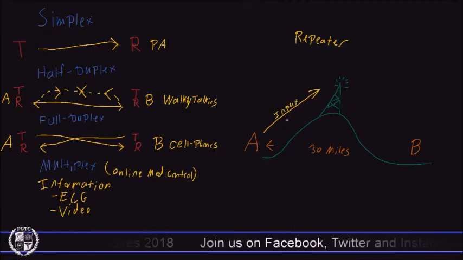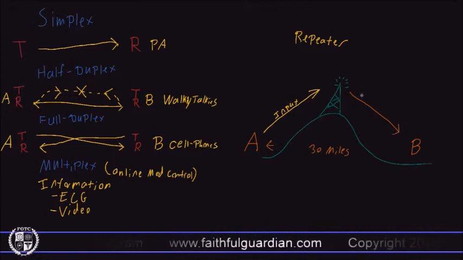The input frequency is transmitting to this receiver on a specific frequency. Whenever this repeater sends it back out and is sending it over to the person on B, this is going to be the output frequency.